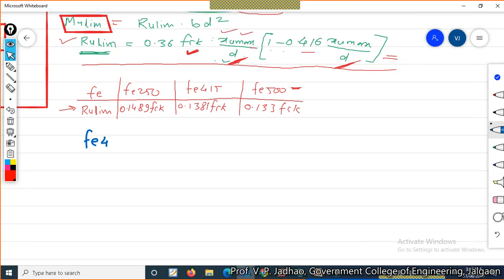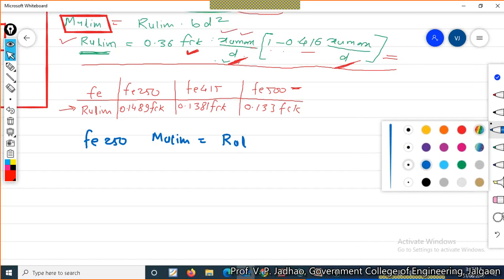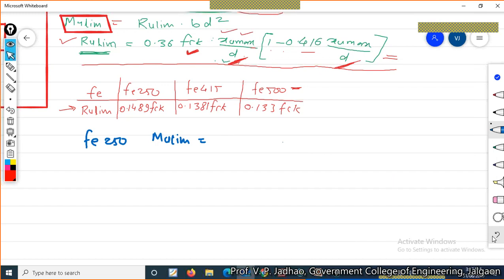For Fe 250, we have this Mu limiting. The formula is Ru limiting multiplied by bd square.